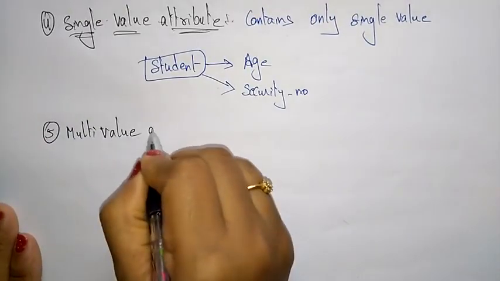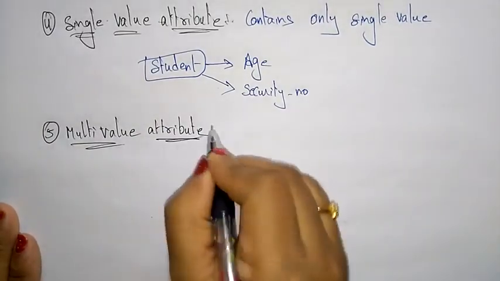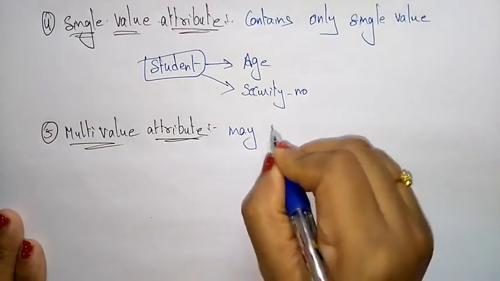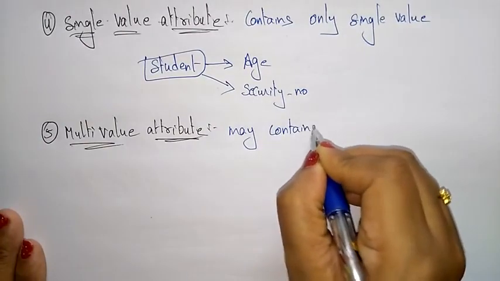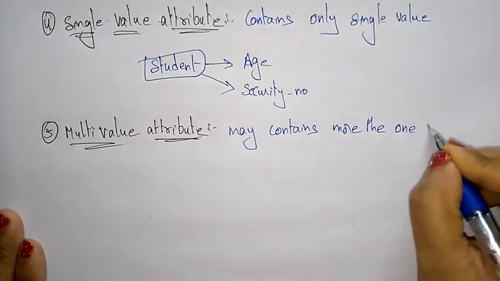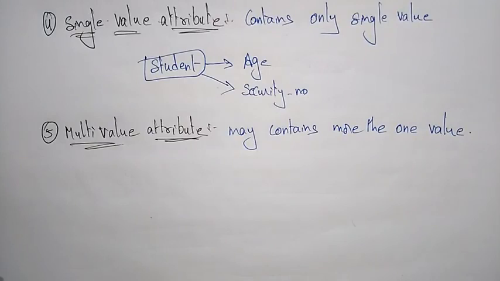Here this is the opposite of single value. Multi-value means multiple values can be derived. It may contain more than one value. So that attribute can hold more than one value, and you call it a multi-value attribute.